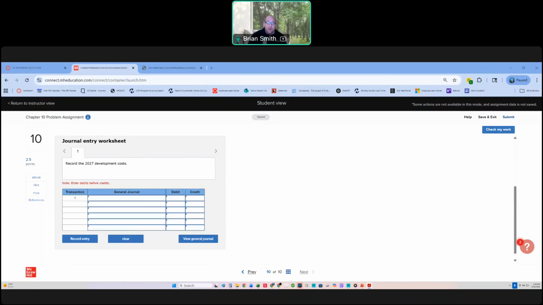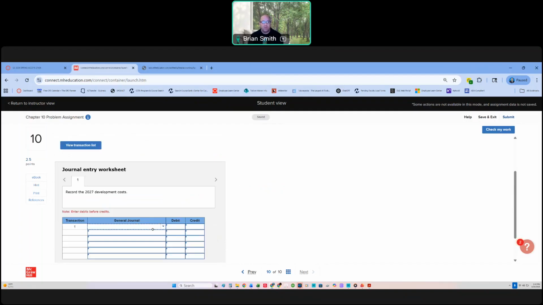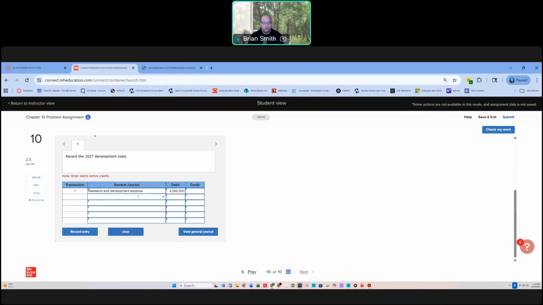So what we got to do is figure out what is going to be included in those costs. 4 million was spent before technological feasibility. That means it is R&D. Okay, and then it was 6 million, 4 million. So it was software. We've got to find something that says software. Software development cost sounds good to me. It's 2 million.